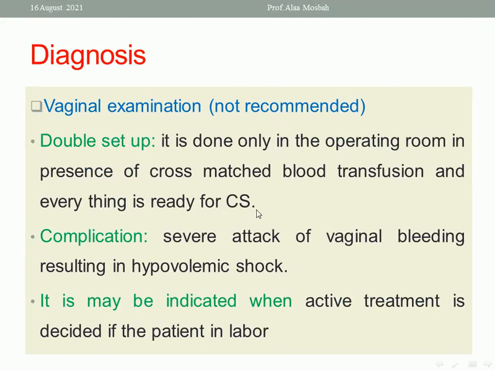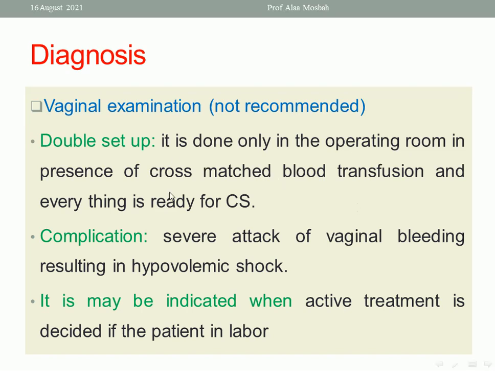Is there a role for vaginal examination? It is not recommended. You should remember this very well. But you can do it only in the operative theater, what is called double setup, with fresh cross-matched blood present and the patient in labor. You want to examine the patient because maybe you can give her a chance for vaginal delivery if it is a minor degree placenta previa.